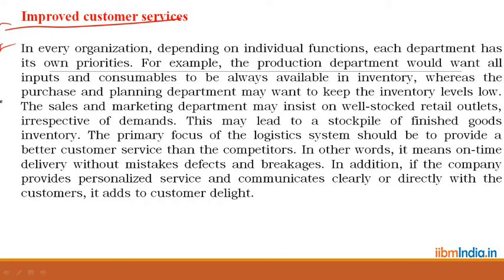But the sales and marketing department are more concerned about well-stocked retail outlets, because they don't know when the demand will arise. It might lead to stockpiles of finished goods inventory. The primary focus of the logistics system would be to provide better customer service. So at the end, we are concerned about providing very high customer service, so the customer can feel delight.